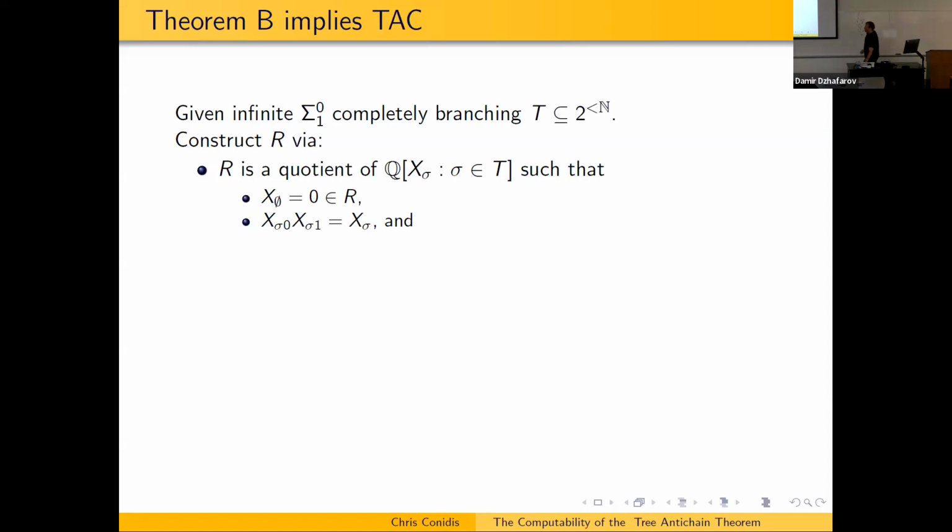And the rule is what you would expect, especially in the context of prime ideals: if you have two children, then the indeterminates corresponding to your two children multiply to you. What does this mean in the context of prime ideals? This means that every prime ideal must climb the tree.